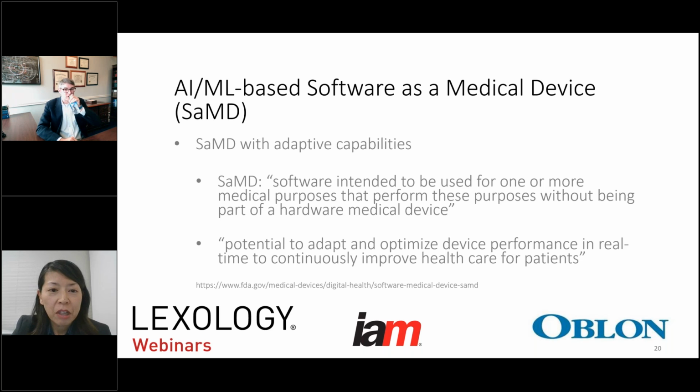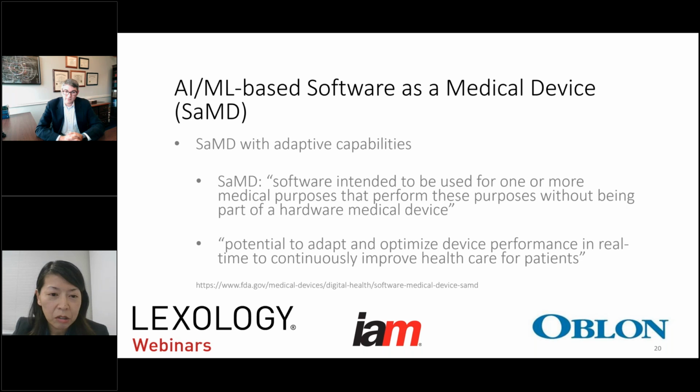So the software as a medical device, what is it? I have the definition here. This is a definition by the International Medical Device Regulators Forum in 2013. The forum issues a document, and then you can see this definition. So it's software for medical purposes. It's for treatment, for alleviating pains and diagnosis.